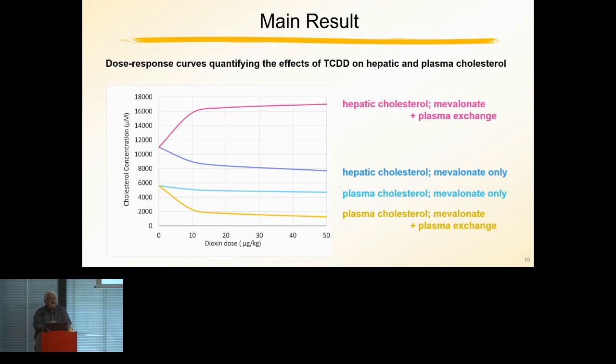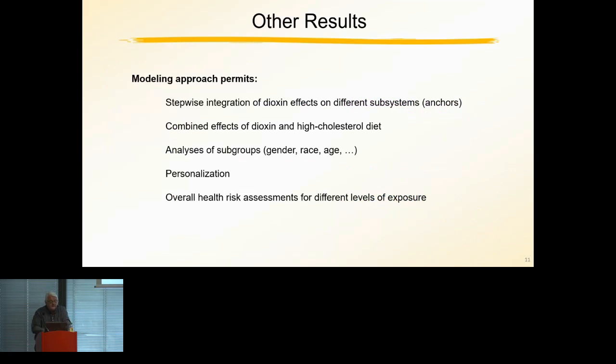So you can see that's going up, and it's going up in a sort of monotonic fashion. It's not the S-shaped curve that we usually see in these types of exposures, but it goes straight up if you get dioxin exposure.